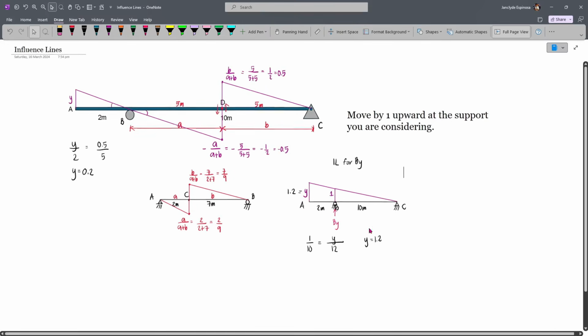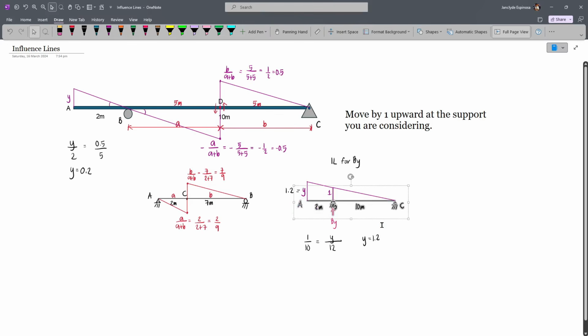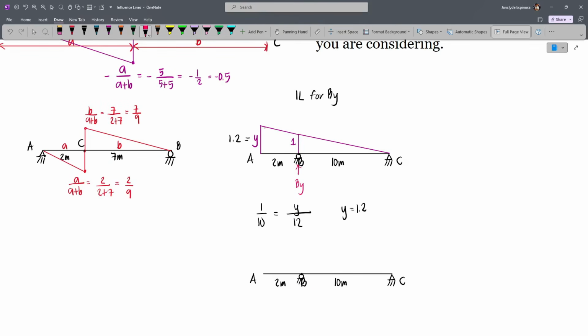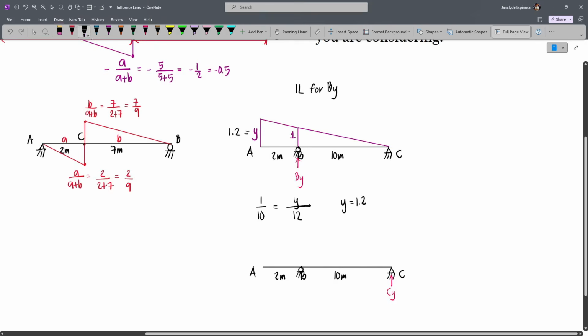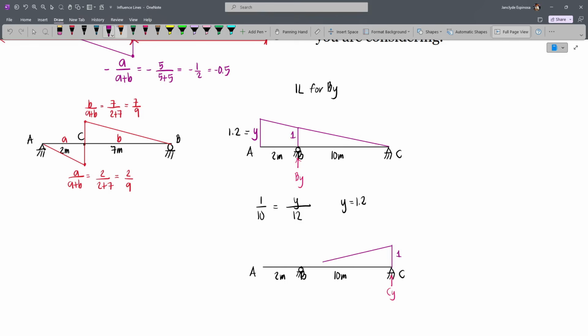And so for the same beam, let's say we'll consider the influence line for Cy, we have this reaction. So this is Cy, and since we are considering this reaction, we'll move up at C by 1. And so this is the ordinate at C. And then we'll extend the line. It will become 0 at the roller support, and the slope will still be the same. So if we extend this, this will now be the ordinate at A. Now to solve this, we can use ratio and proportion.